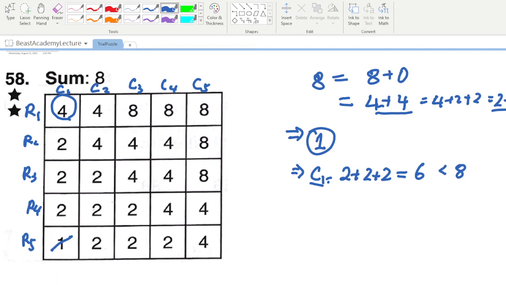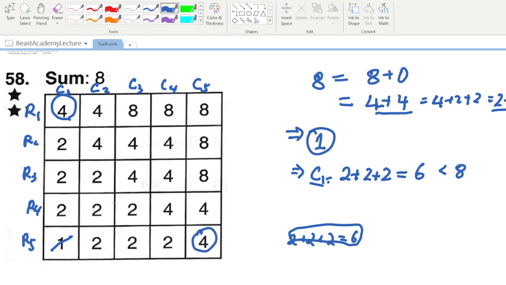If we don't use 4, what happens on the R5? If R5 is 2, 2, 2, 4 now, and we didn't use 4, what happens? 2 plus 2 plus 2, the maximum is what? 6. Is it possible? No. So we must use the 4, right?